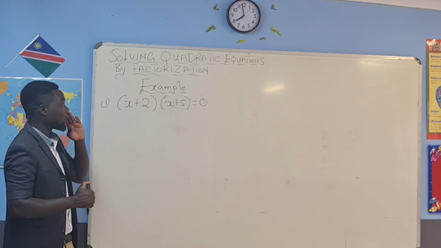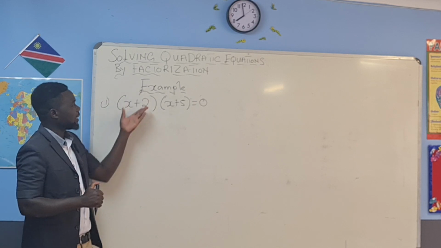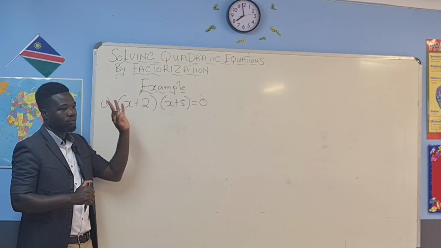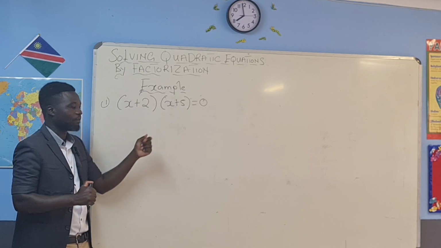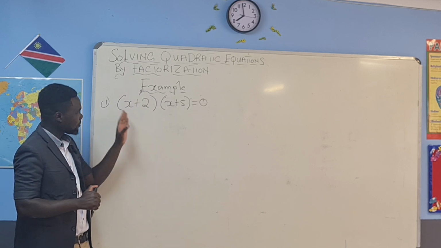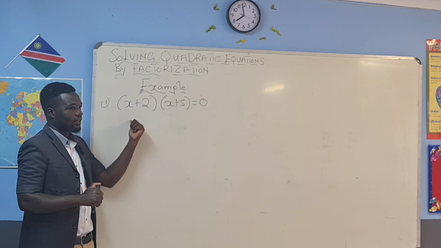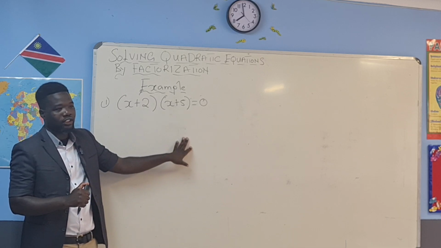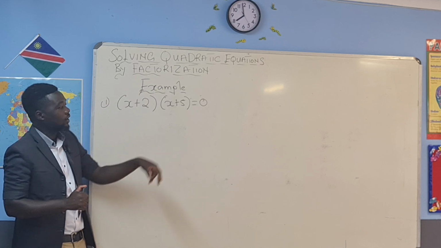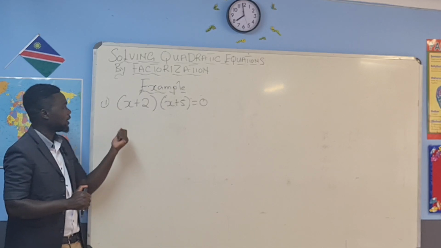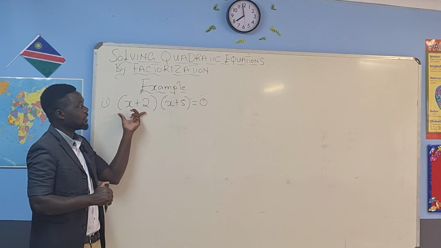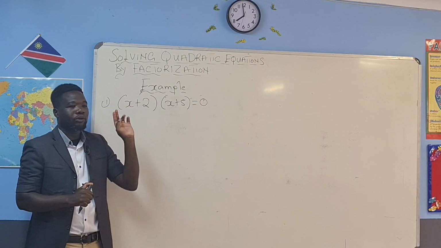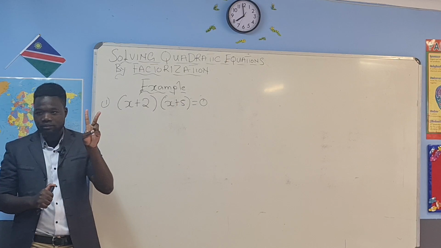Okay, so this is one of the examples that I'm going to give you. I'm going to give you 3 examples. Are we together? Okay, now listen. When you have such a problem in front of you, how do you sort it out? The first thing to remember is that this is a quadratic equation, meaning you are supposed to have 2 solutions at the end of the day.